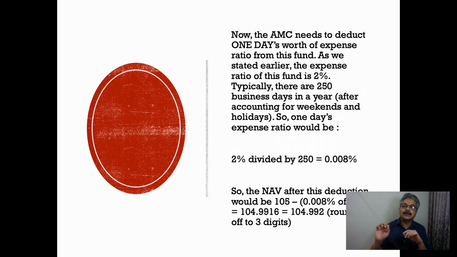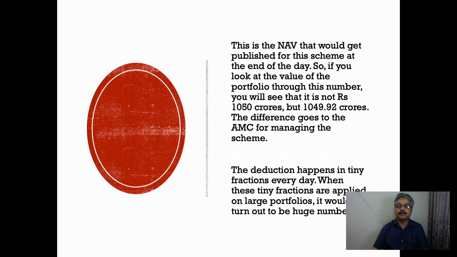It's 0.008%. So, the NAV that gets declared after deduction of the expense ratio would be 105 minus 0.008% of 105 equals 104.9916 or 104.992. So when you open the paper or go to the website and look at the NAV at the end of the day of this particular scheme, you will not see 105, you will see 104.992.